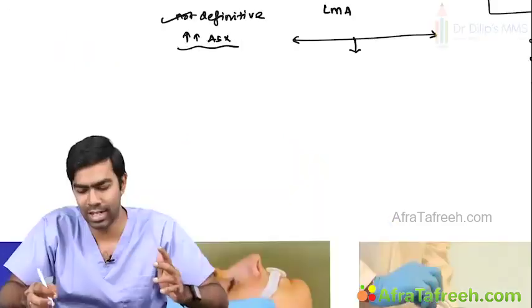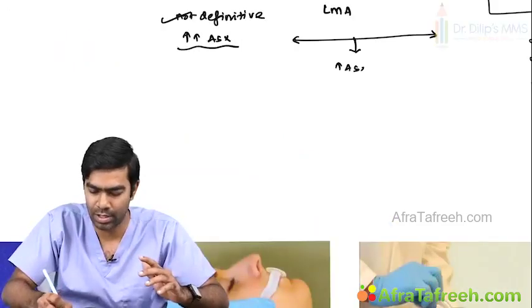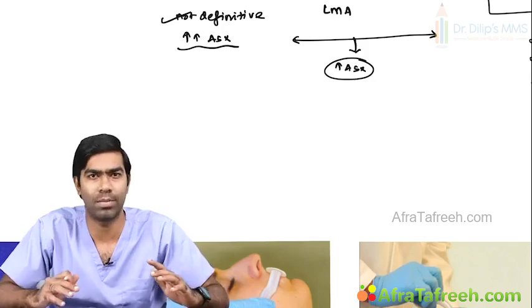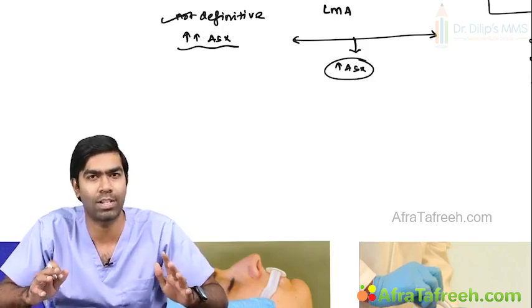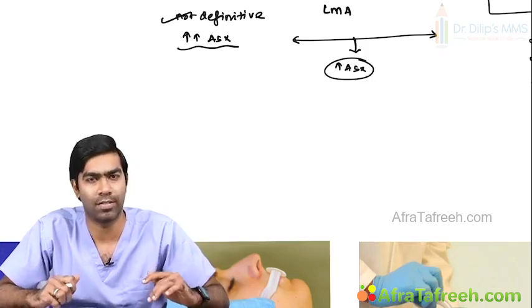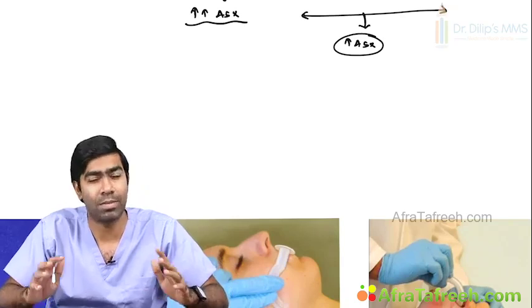But still, it's somewhere in between. That's what I'm trying to tell. Compared to the transglottic and subglottic devices, there is a little bit higher risk of aspiration, but not like the oropharyngeal or nasopharyngeal airways. That's why I told you it's somewhere in between. So they still do have some risk of aspiration, but definitely more than your transglottic and subglottic airways. Clear?